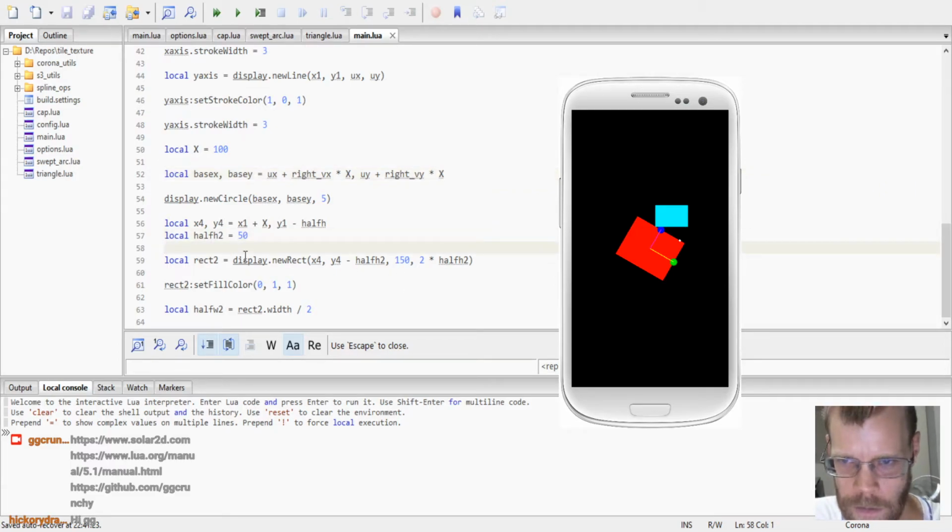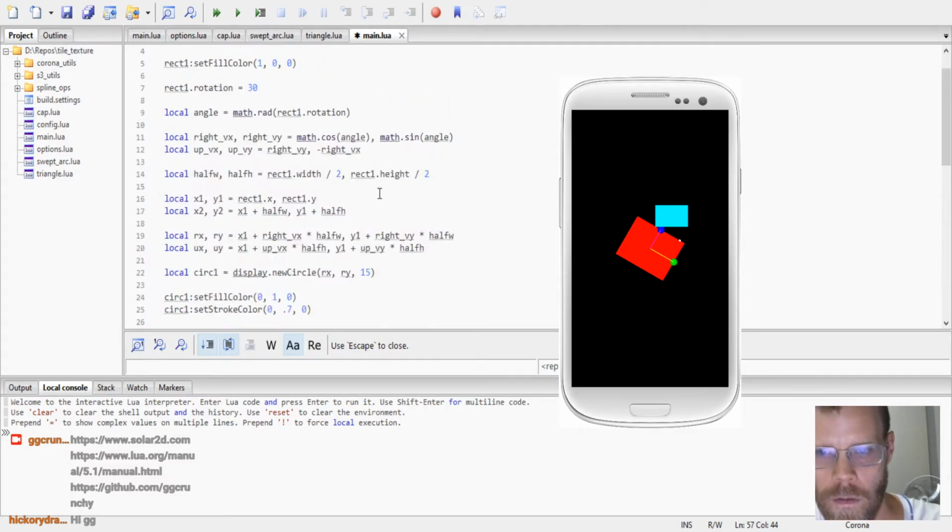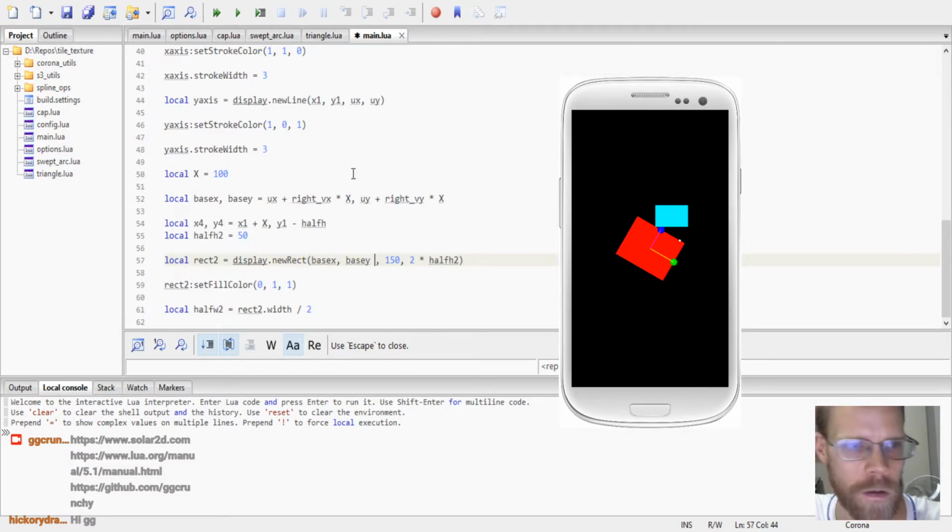So we'll adapt this bit here to start from that base position, and because... follow up. Oh, and I'm forgetting that I need to do it for both. So we'll follow up by half height 2, not half height times 2.